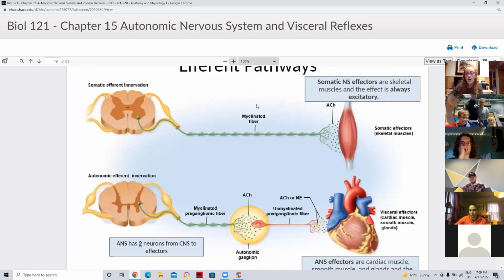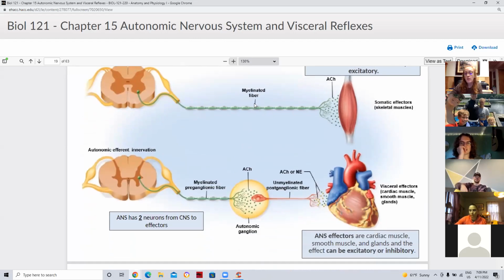In contrast, the autonomic nervous system works by a 2-neuron pathway, where the preganglionic neuron is myelinated, but the postganglionic neuron is not. Autonomic effectors are cardiac muscle, smooth muscle, and glands, and the effect can be both excitatory or inhibitory.